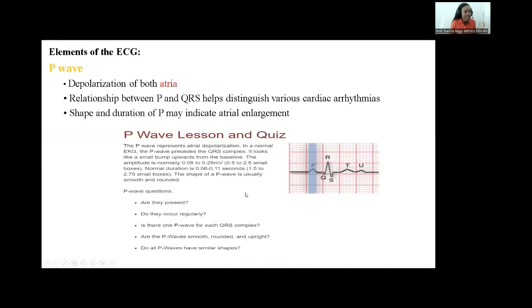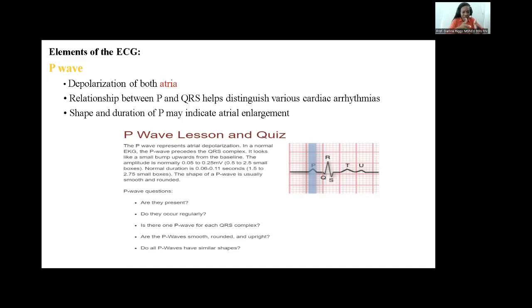Now, the time frame. How long is a normal P wave supposed to last? The P wave is the atrial contraction or depolarization, very different from the QRS. It is supposed to last no more than 1 to 3 little boxes.